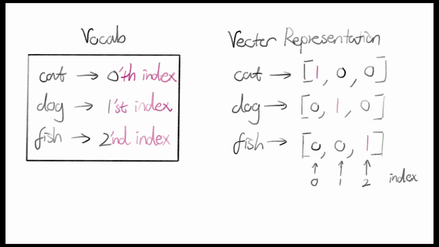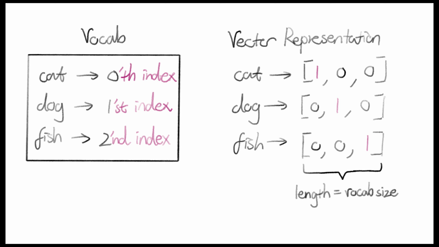For example, cat will be 1, 0, 0, dog would be 0, 1, 0, and fish would be 0, 0, 1. This is great to input into neural network models, as all vector representations have the exact same dimension. The length of it is the number of individual words/tokens we have in our vocabulary.